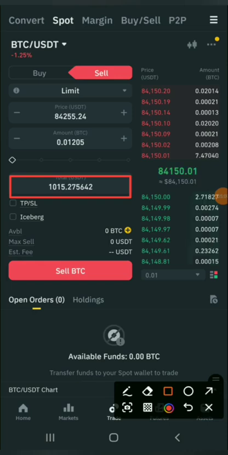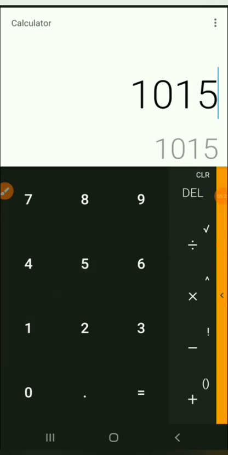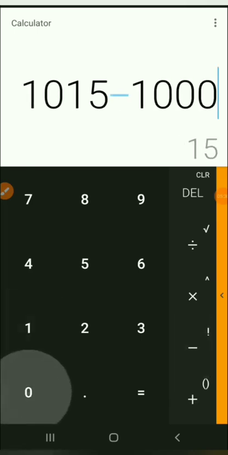Now let's go to our calculator to find out how much you're going to make. If you are using a capital of, give or take, $1,000 and you're having a profit of $15, how much do you stand to make if you made at least 50 transactions in a day? So guys, we're now in our calculator. We ended up with 1,015 USDT, and we started with $1,000. So it's going to be 1,015 minus the $1,000 that we started with.